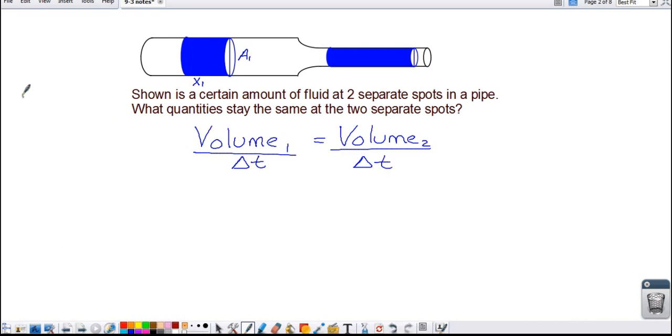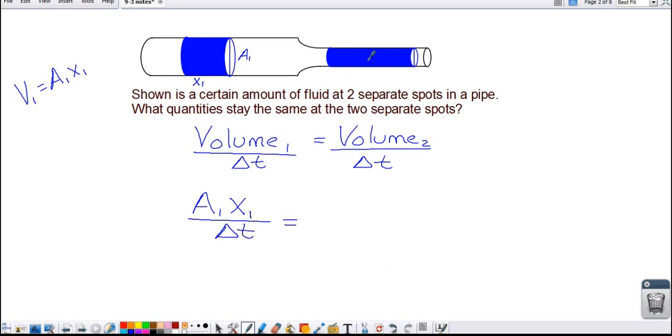So the volume 1 is equal to the cross-sectional area 1 times the length of 1. I'm going to substitute that in where the volume needs to be. So the cross-sectional area times the length, and then I still have that over the change in time.